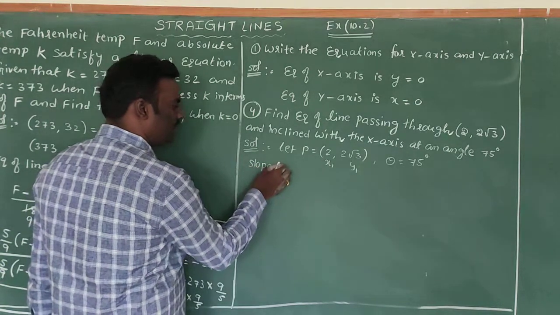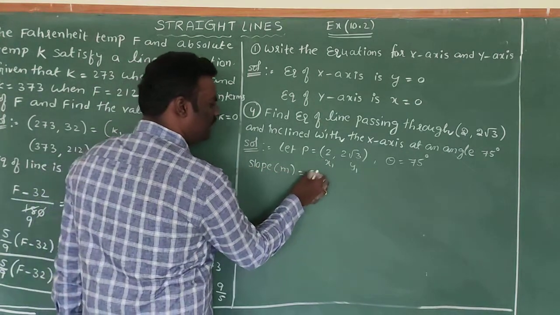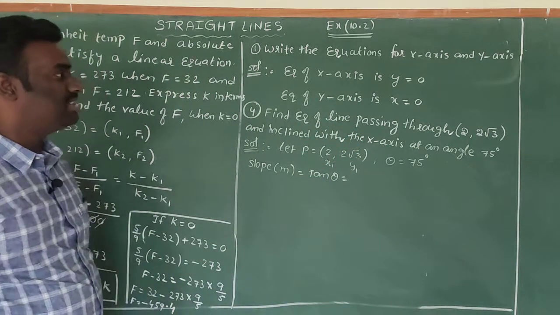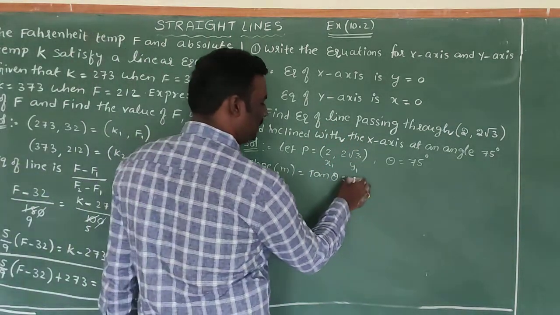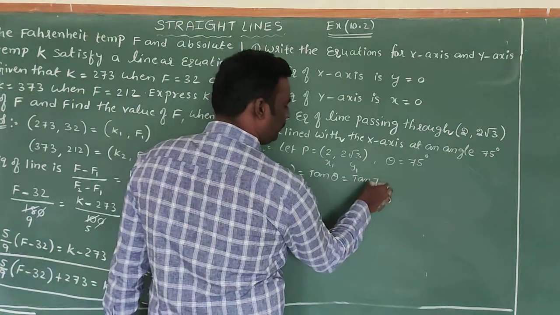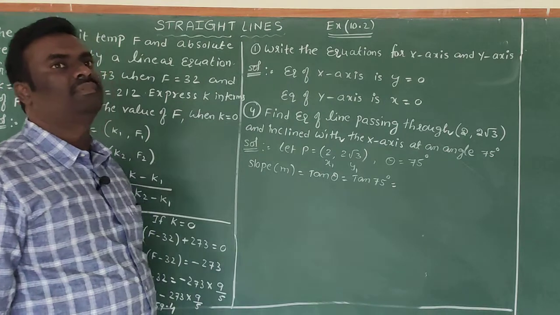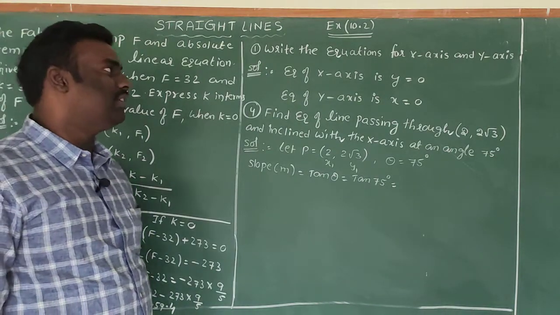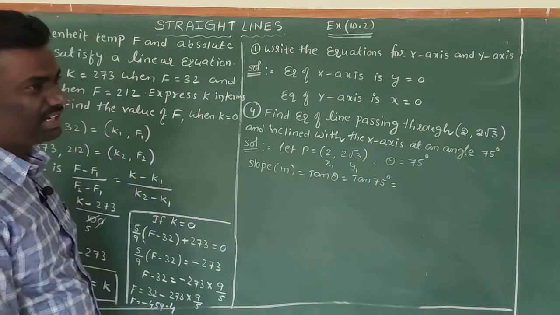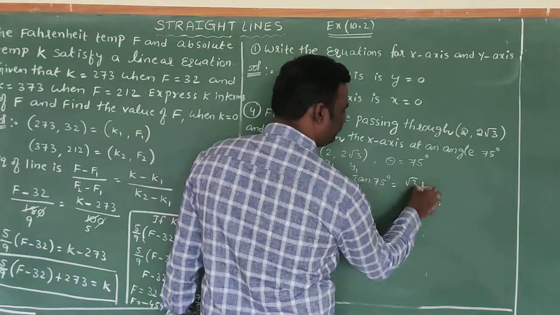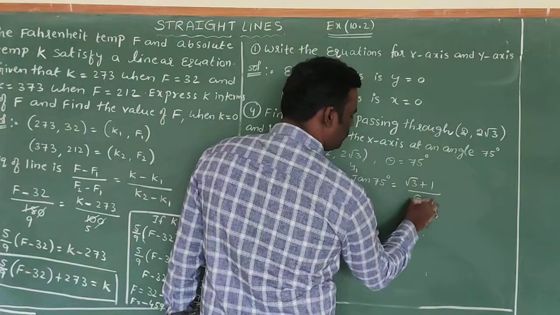Slope m is equal to tan theta. This is a formula we already know. Theta is 75 degrees, so tan 75 degrees. What is the value of tan 75? It can be written as root 3 plus 1 by root 3 minus 1.